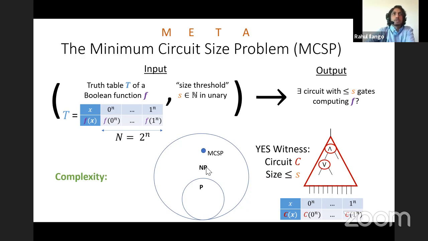It's in NP, almost certainly not in P. The natural question is, is it NP-complete? As I mentioned earlier, this is a big open question. If you ask me, of course it's NP-complete. It has to be. But there are definitely other prominent researchers in the field who believe that maybe it's NP-intermediate. That is, it lies outside of P, but isn't quite NP-complete. Resolving this question is a very interesting question.